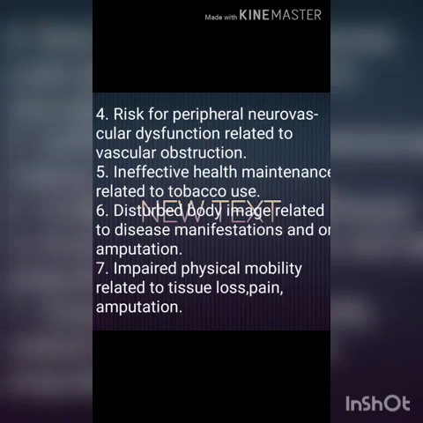Amputation means the action of surgically cutting off a limb. Impaired physical mobility related to tissue loss, pain, amputation.